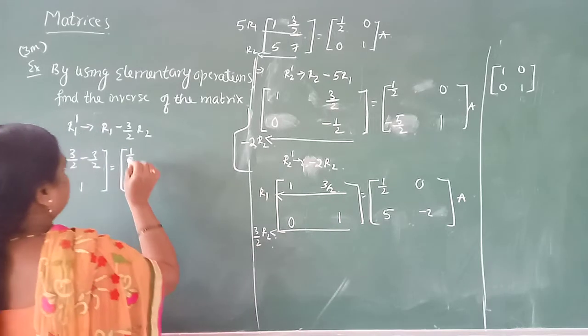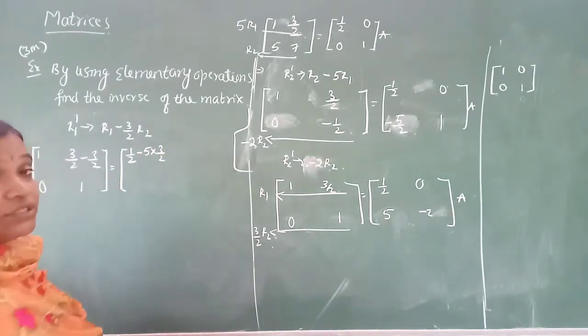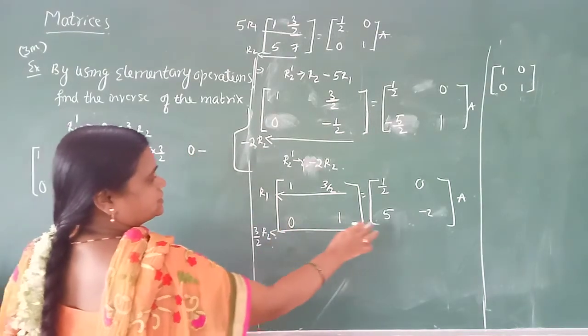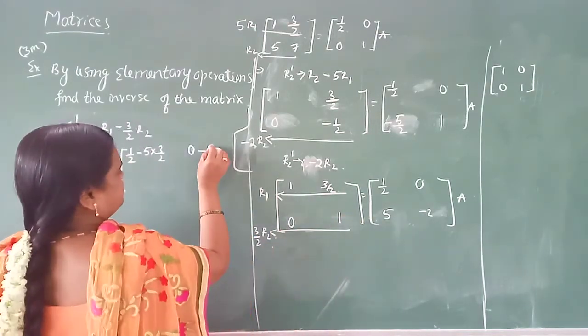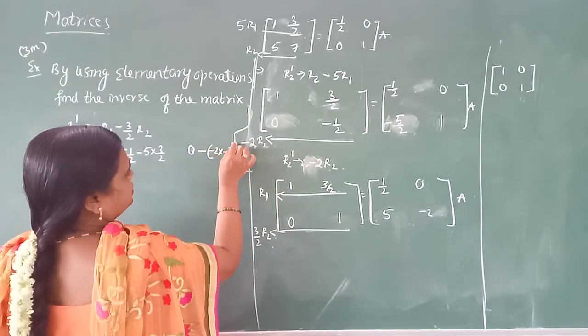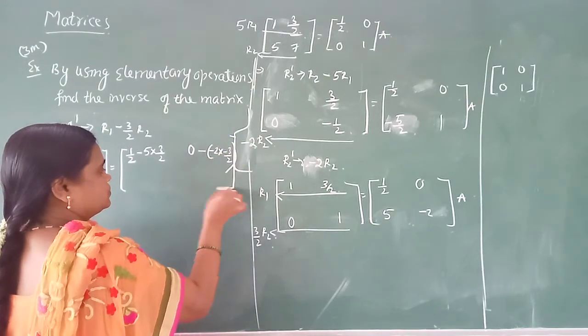5 into 3 by 2, with the negative sign: minus 5 into 3 by 2. Next, 0 minus minus 2 into minus 3 by 2.